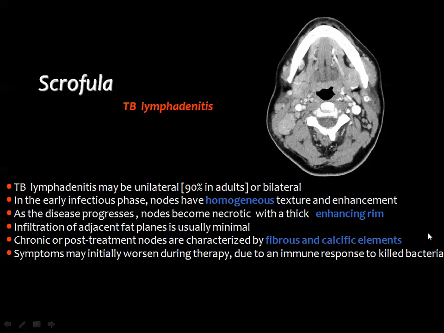The second phase, which is commonly seen in clinical practice, is the subacute phase, where there is central necrosis and enhancing rim. Then the chronic phase, where the nodes are fibrotic and show matrix calcification. This is commonly seen after treatment.